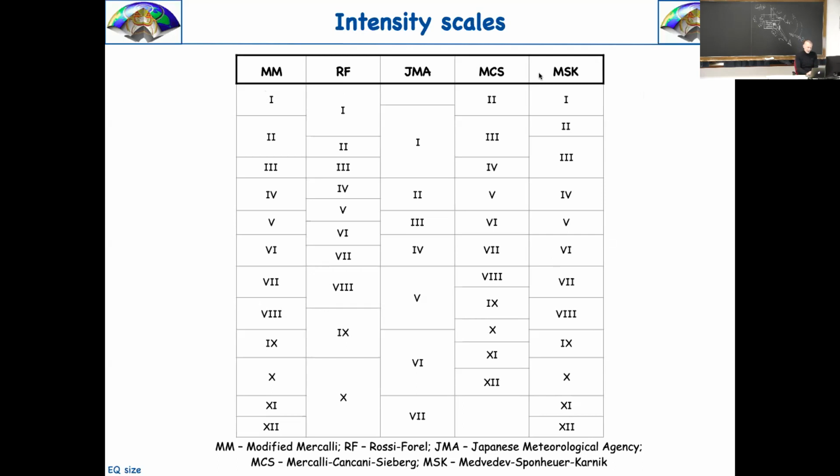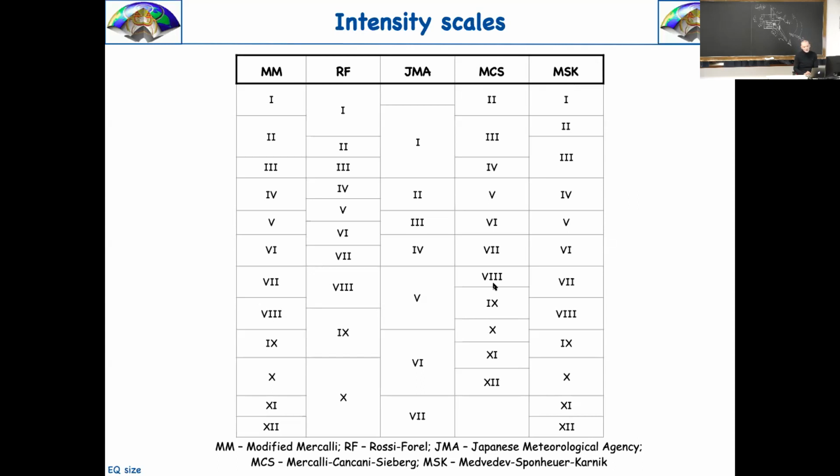MCS, or actually MSK, is one that has been developed especially in the eastern part of Europe and is still used. MCS stands for Mercalli-Cancani-Sieberg, the father or the mother of a modern European scale.